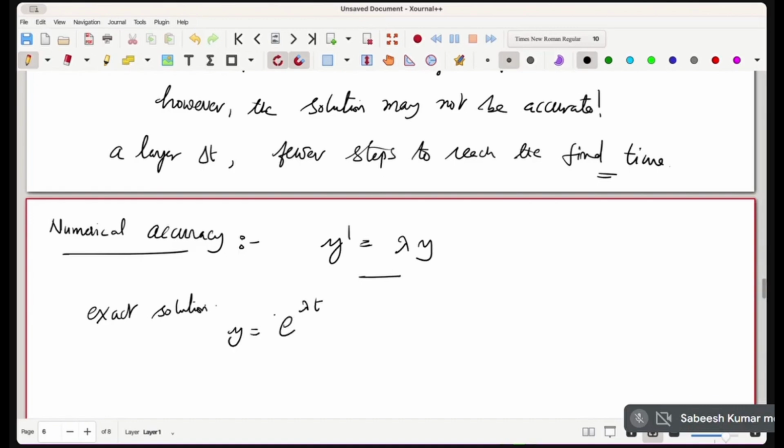That is the exact solution. Y equals e to the power lambda t. This can also be written as y equals e to the power lambda times n times the delta t, right? Which is nothing but n times h.